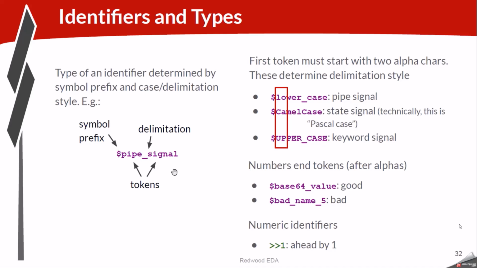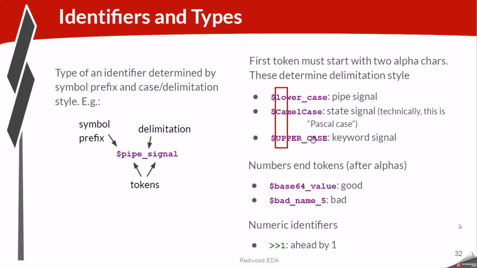So these identifiers can have basically three different styles for the delimitation or the casing. There's the lowercase syntax that's used for pipe signals, and that has underscore delimitation. There's camel case, or strictly speaking this would be called Pascal case, because every token starts with an uppercase, even the first one.